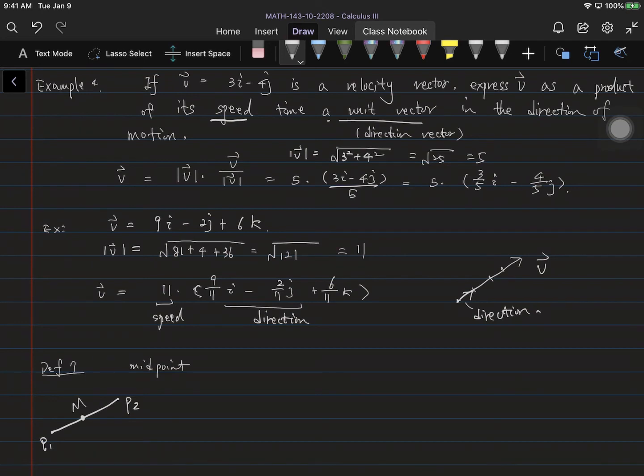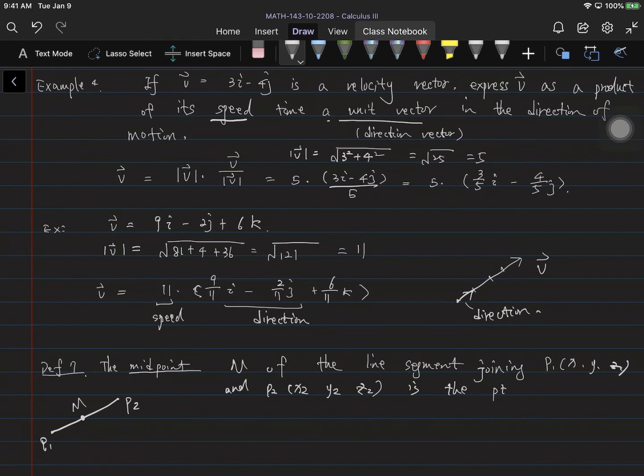We say M. The midpoint M of the line segment joining two points, x1, y1, z1, and P2, is this point, which is given by x1 plus x2 over 2, y1 plus y2 over 2.